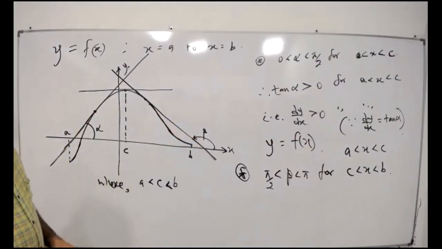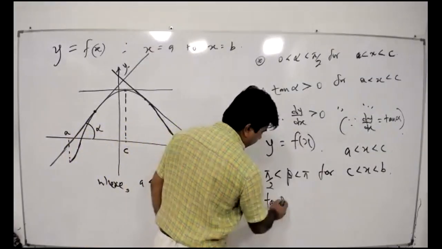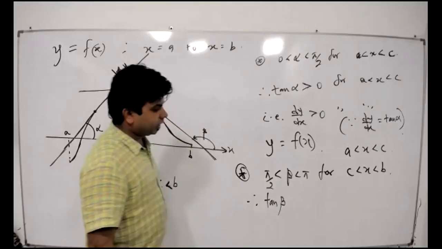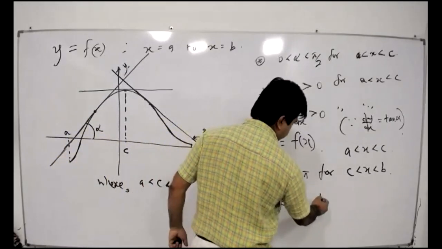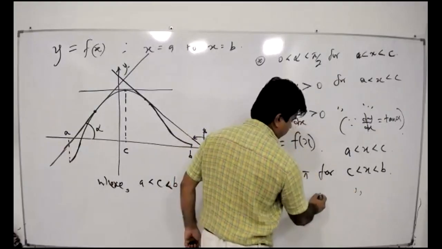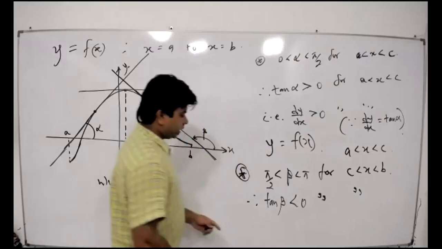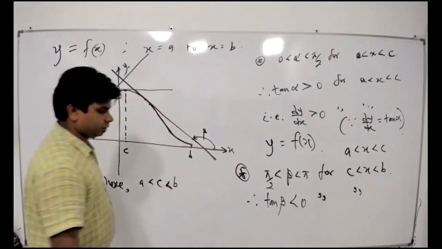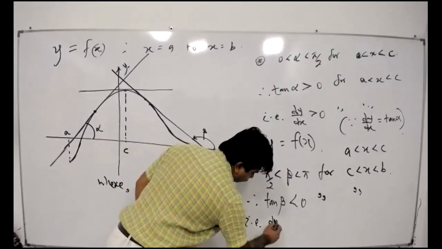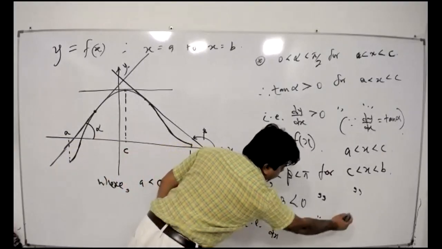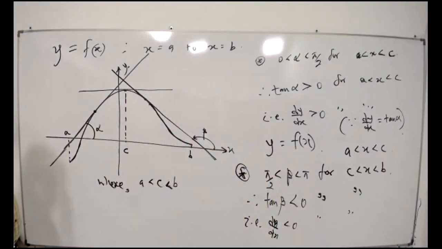Therefore, what is the sign of tan beta? You know that if it is an obtuse angle, tan beta is negative for that particular range. That means dy by dx is negative in that range.